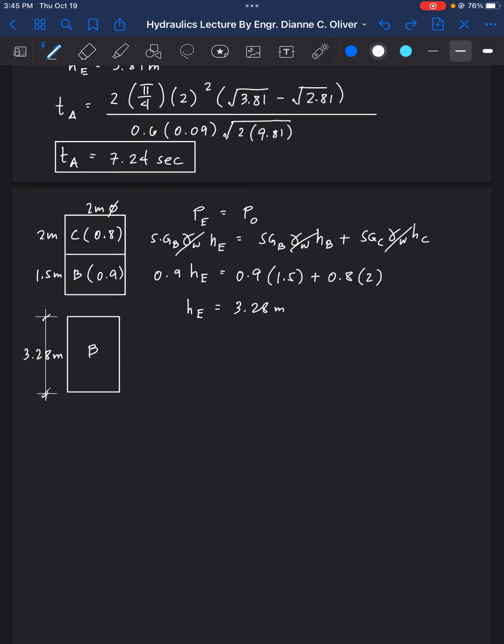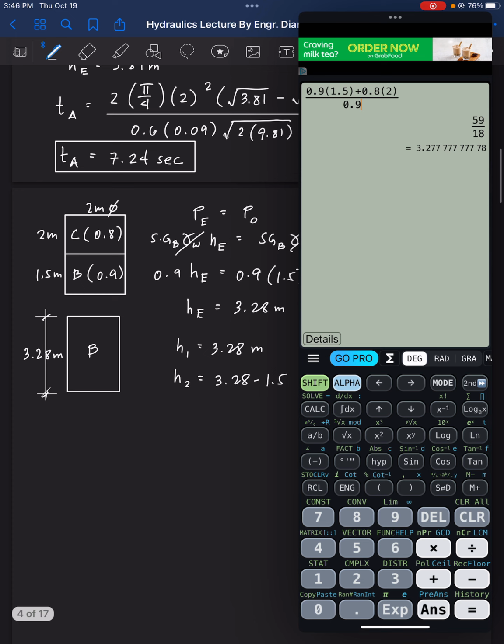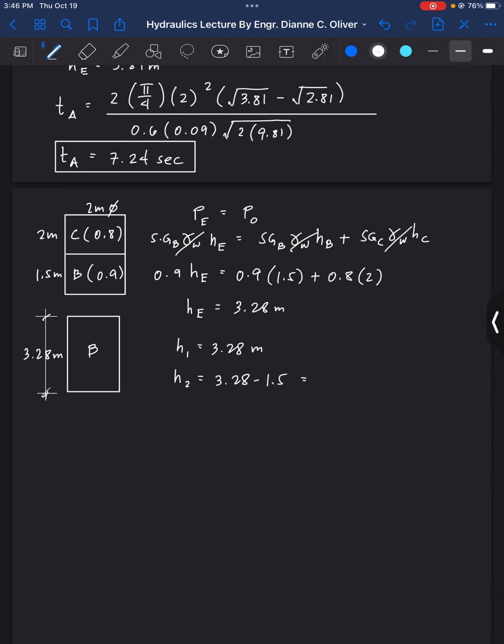So H1 is 3.28 meters, while H2, the final height after this liquid of 1.5 is removed, would be 3.28 minus 1.5, and that is equal to 1.78.